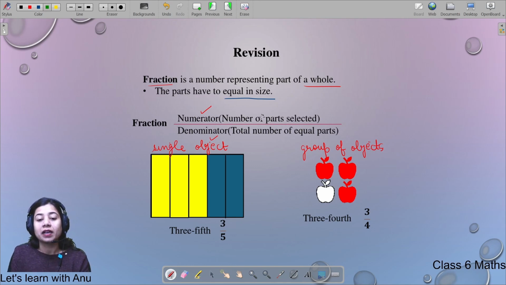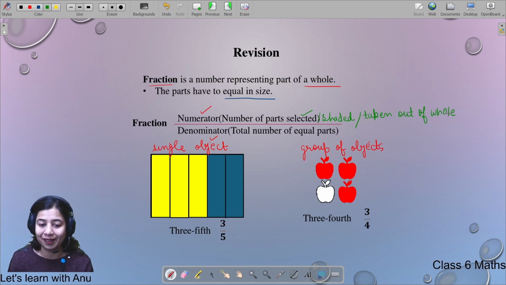Numerator will always signify the number of parts selected or shaded or taken out from the whole. So we have different scenarios taken out of the whole, right? Depending on that, we are going to write the fractions and its numerator. And denominator will always tell the same thing, that is total number of equal parts.